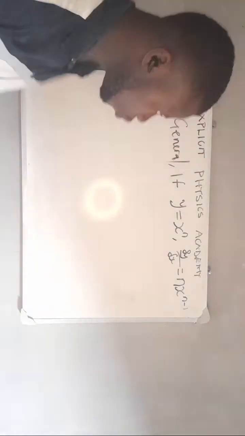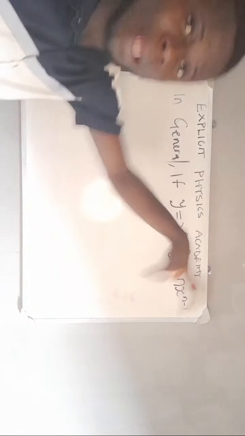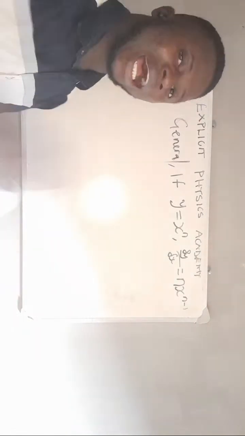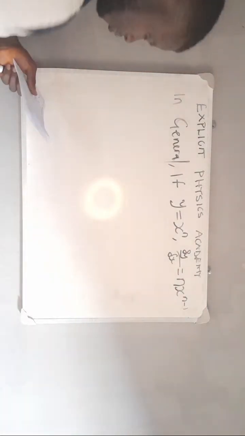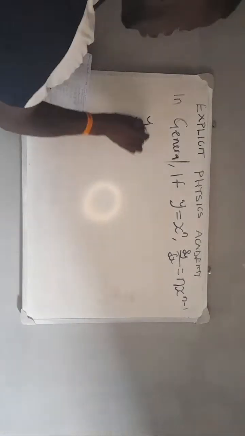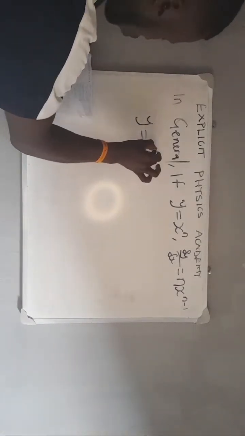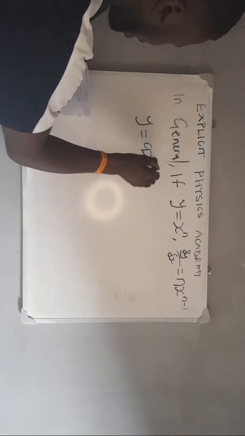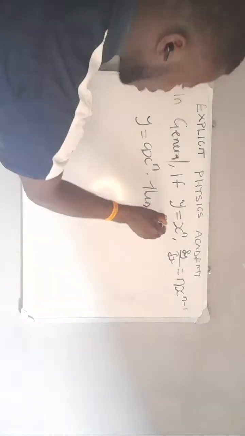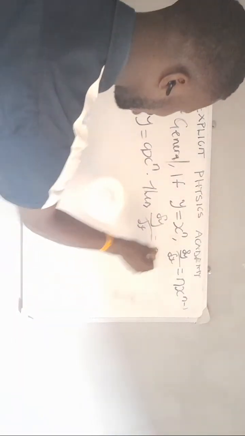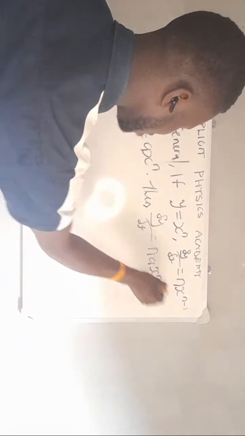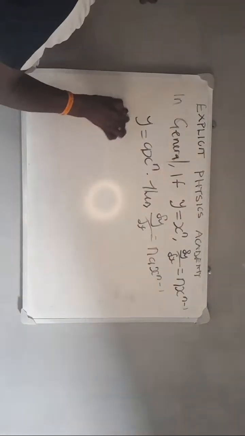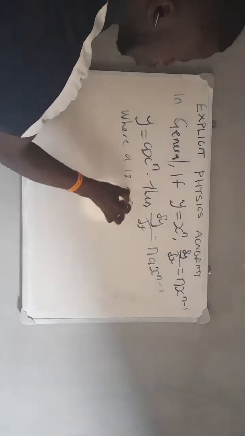If you are given a function as such, what you have to do is take the power, the degree, down, and then subtract one from the degree. That's if you are having y equal to a constant a times x, a variable, raised to any power n. Then our dy/dx will be equal to na x^(n-1), where a is a constant.